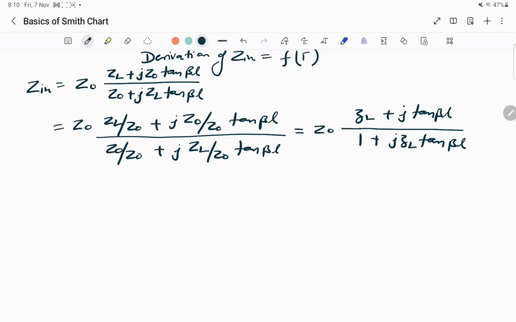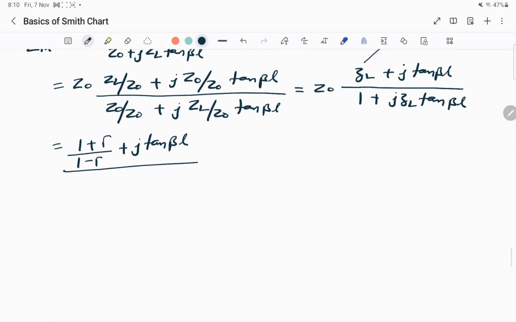Okay, now since we know that this zL is nothing but (1 plus gamma) divided by (1 minus gamma), I am going to substitute that. So we will get (1 plus gamma divided by 1 minus gamma plus j times tan beta L) divided by (1 plus j times (1 plus gamma) divided by (1 minus gamma) into tan beta L).